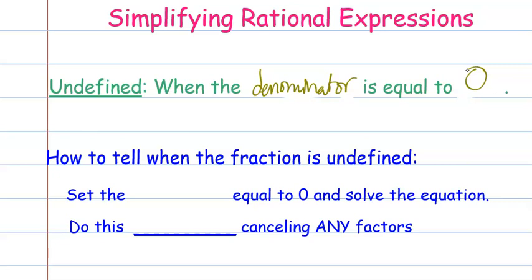How you figure out when it becomes undefined is that you set the denominator equal to 0 and solve the equation. You need to do this before canceling any factors. So resist the urge to cancel the factors. If it asks where it is undefined, you don't want the factor that makes it undefined to go away.